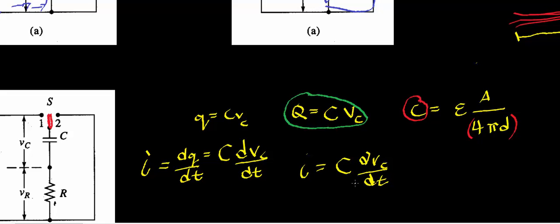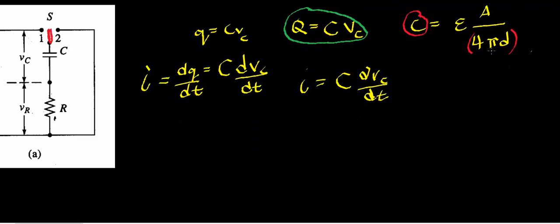If it's time independent, what's the change in voltage? Well, it's zero. So if you have a voltage that's not changing with time, dV/dt is just zero, so in that case the current would be zero. In other words, if you have a voltage that's not changing with time across the capacitor, the instantaneous current is going to be zero. So I hope that makes sense.